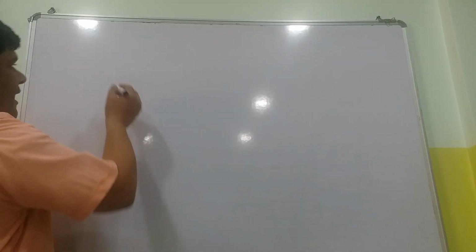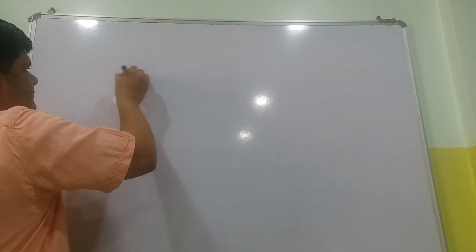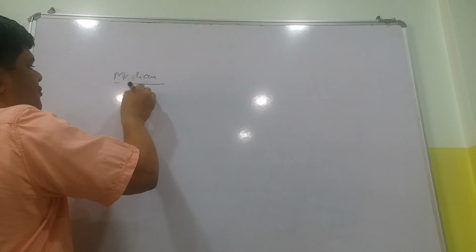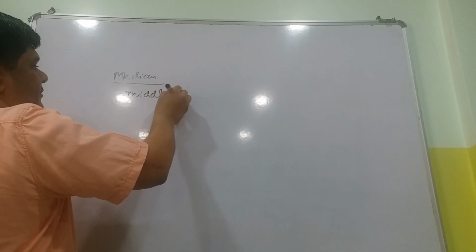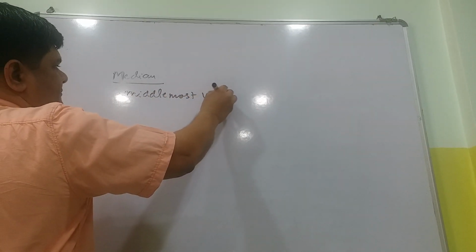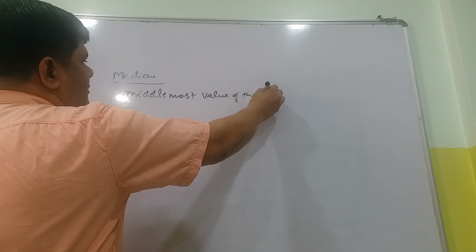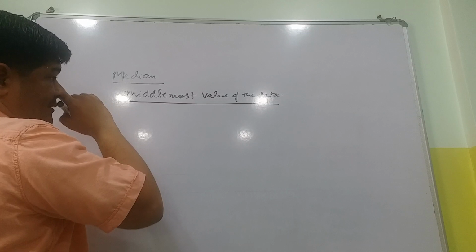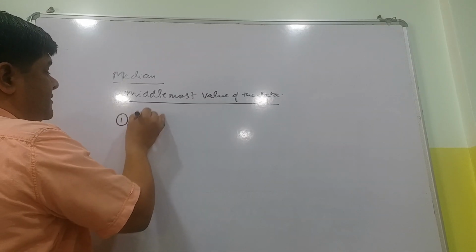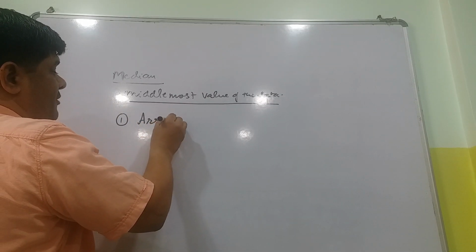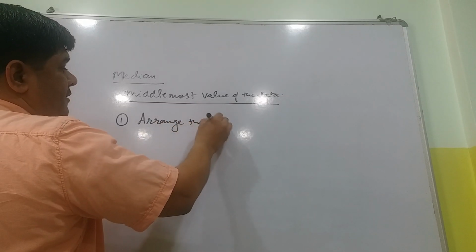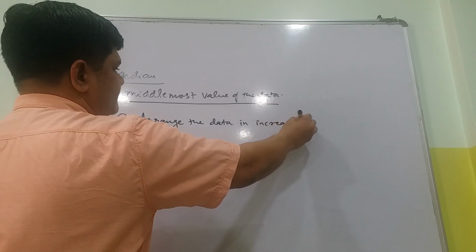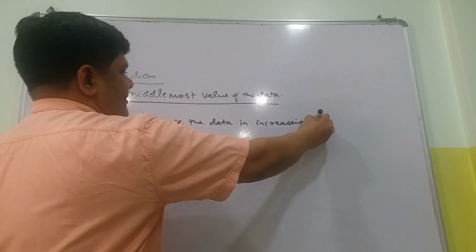So for calculating median, the middlemost value of the data, the first step is to arrange the data in increasing or decreasing order.